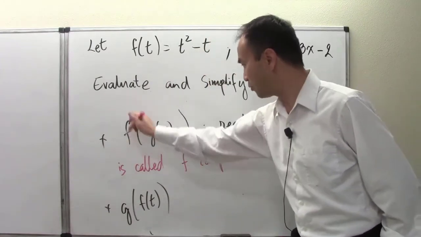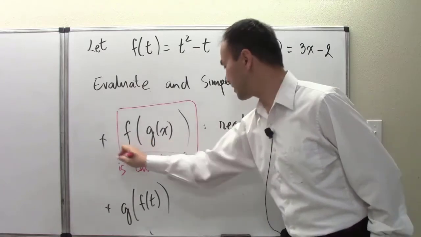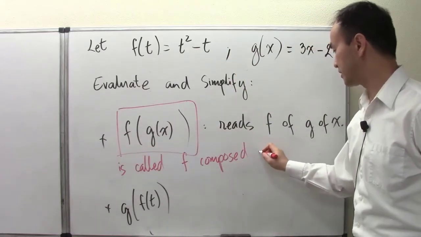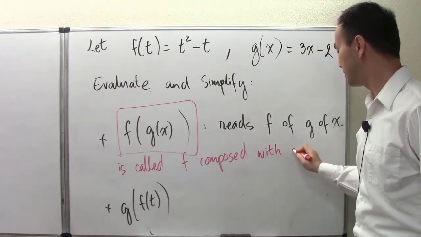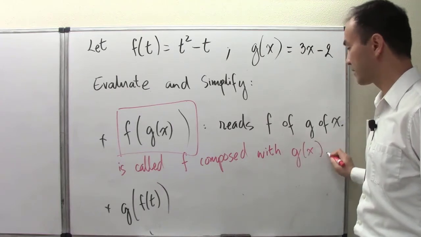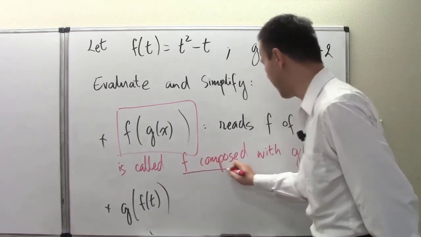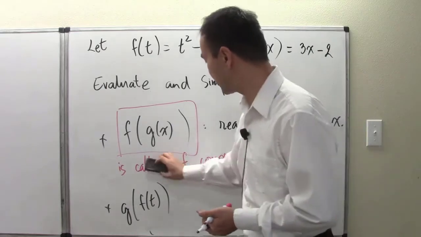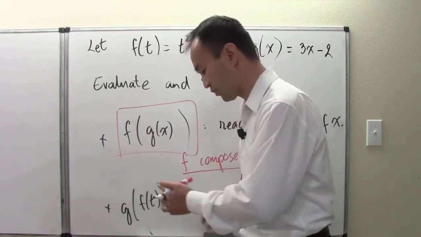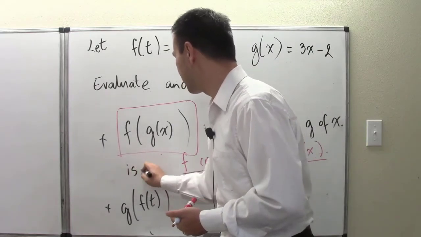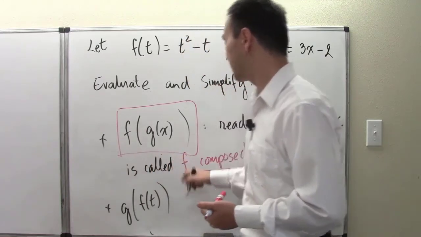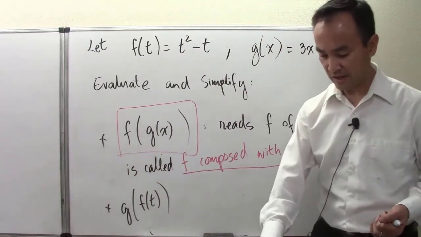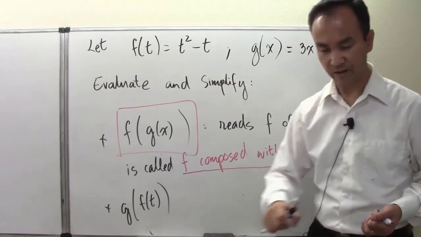So this whole notation right here is called f composed with g of x. Okay, this is the name right here. I shouldn't write this in red ink, making it more confusing. That symbol right here is called f composed with g of x.